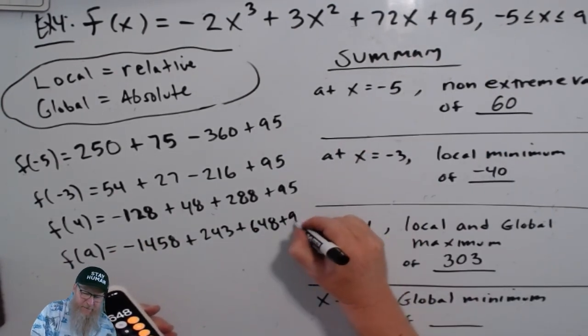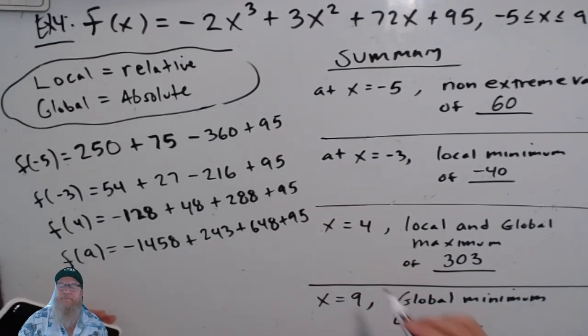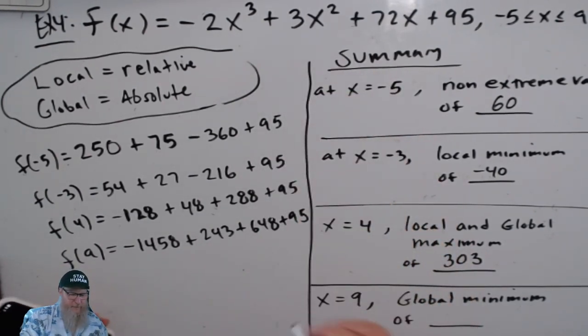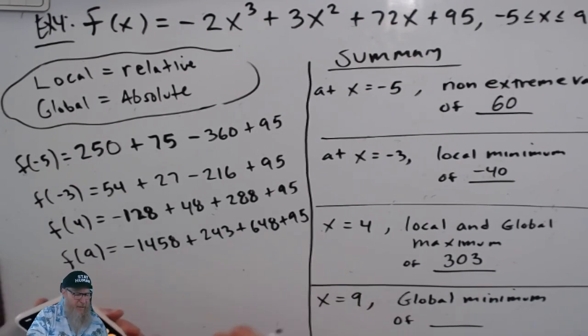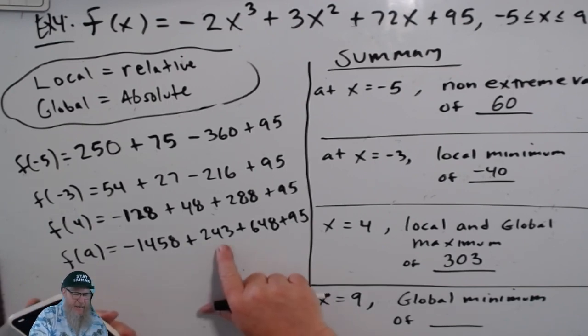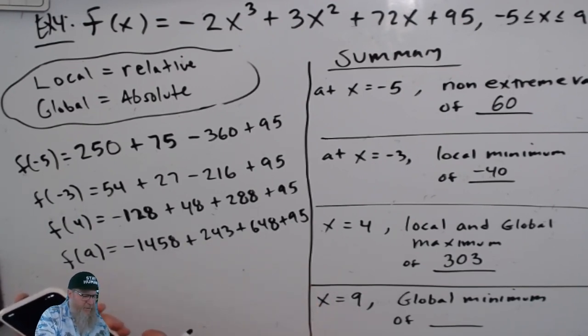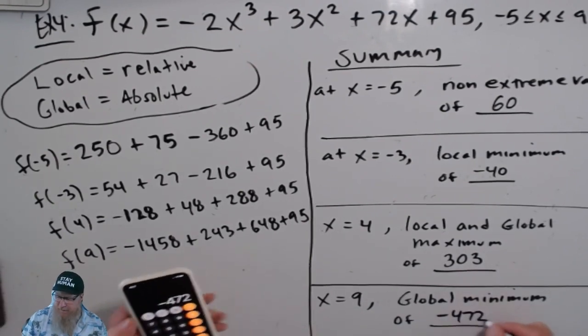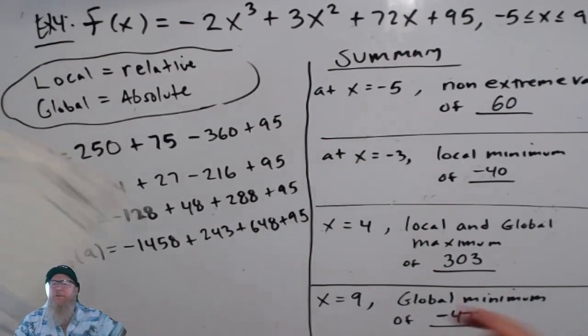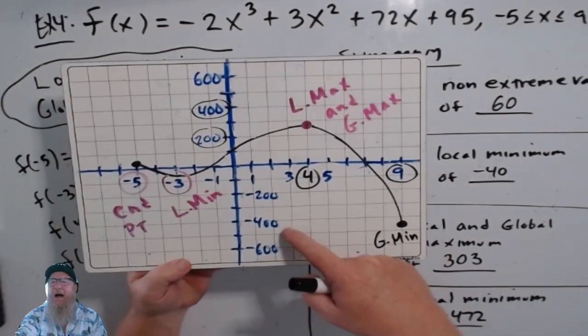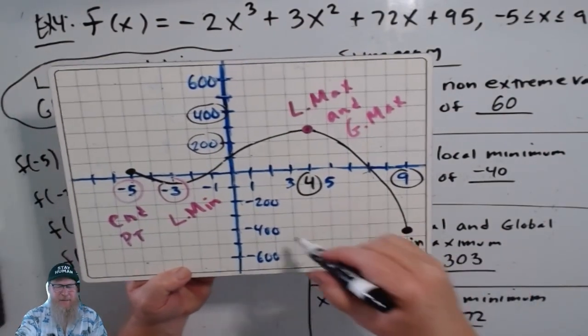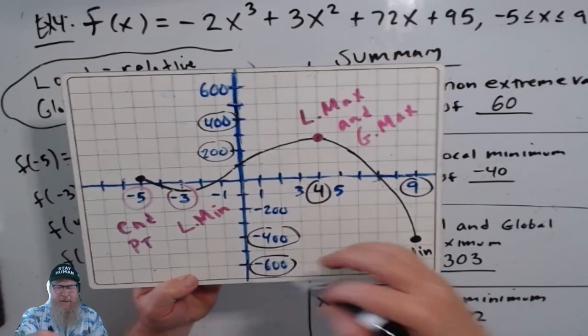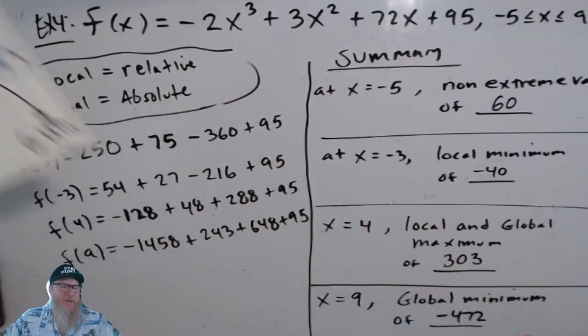And then plus 95. So 648 plus 95 plus 243 minus 1458, negative 472, which again makes sense if you look at the graph, right? It's somewhere between negative 400 and negative 600. It's almost to negative 500.